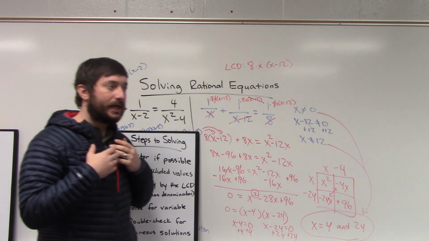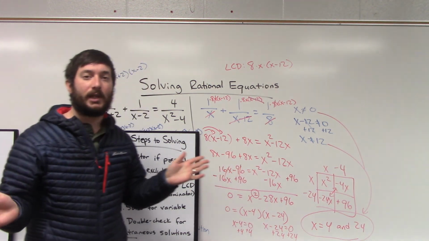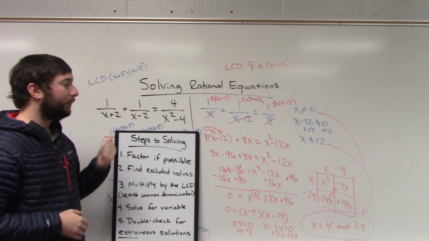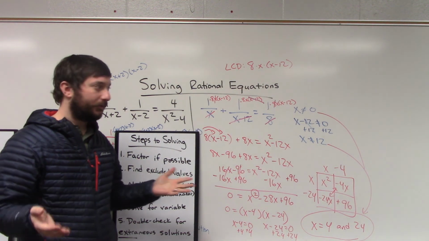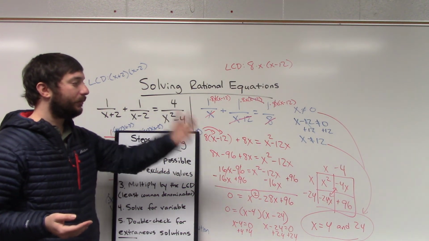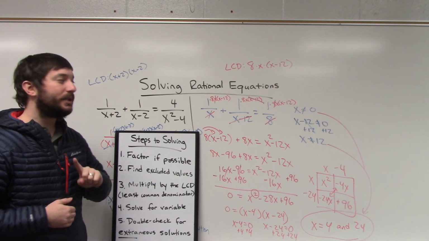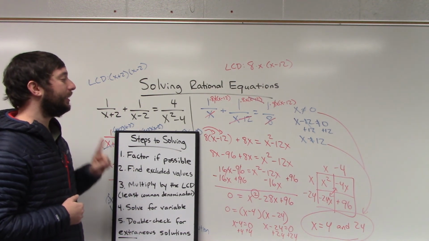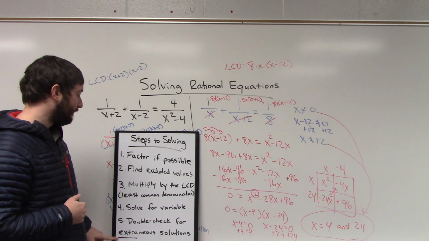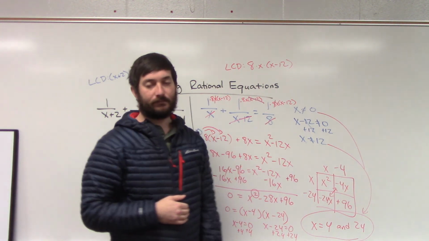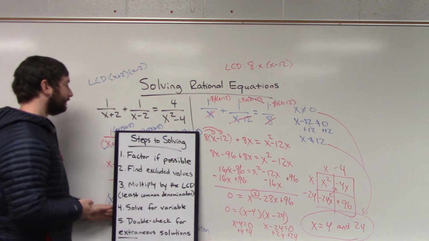That way you can go ahead and solve like normal, either by factoring, as we did here, or as in our previous example where we were able to set variables to one side of our equation and numbers to the other. And once you do solve, always, always, always check for extraneous solutions. You can never have a solution that is also an excluded value. So be careful with that.